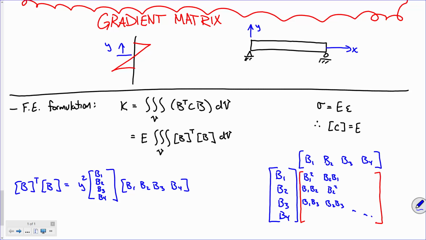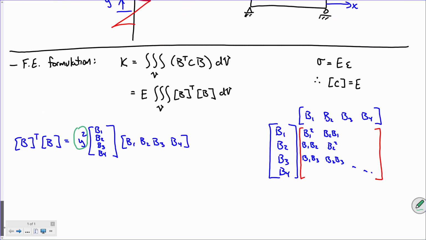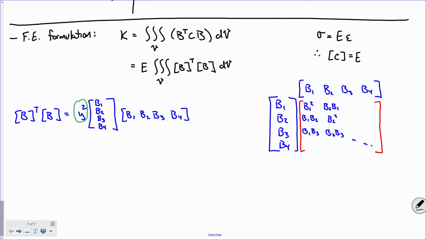Now, my last thing I want to look at is this right here. The y squared. Before, what we did was this. I'll say also, for bars, we did something like this.